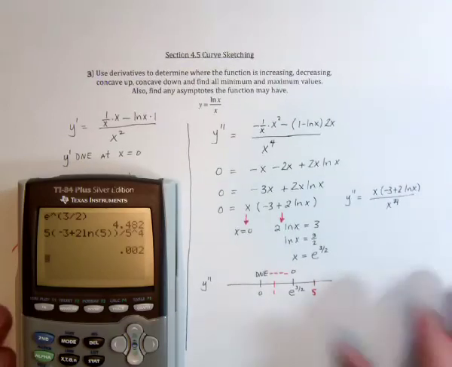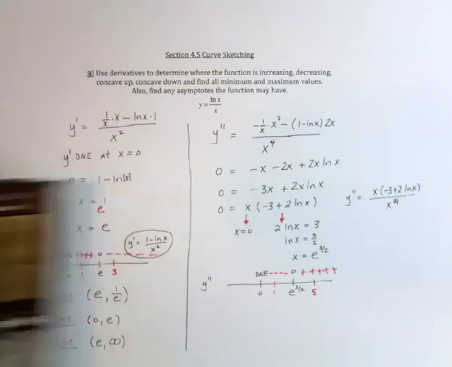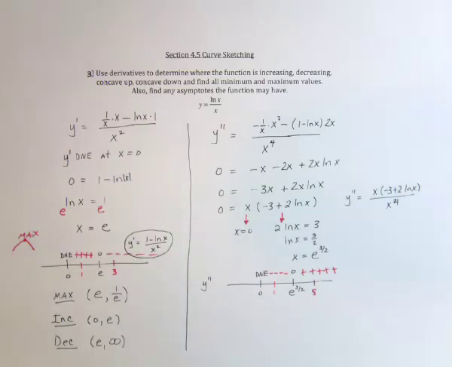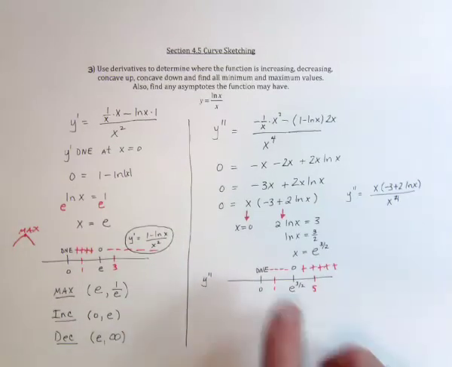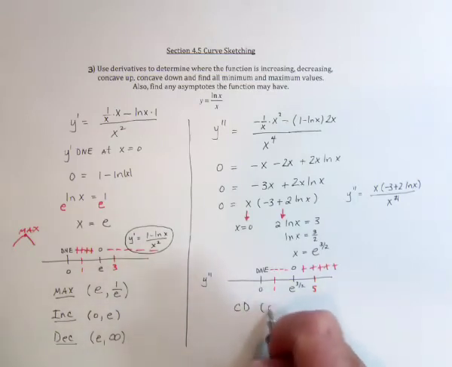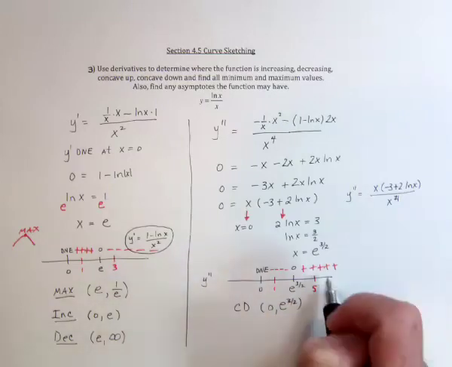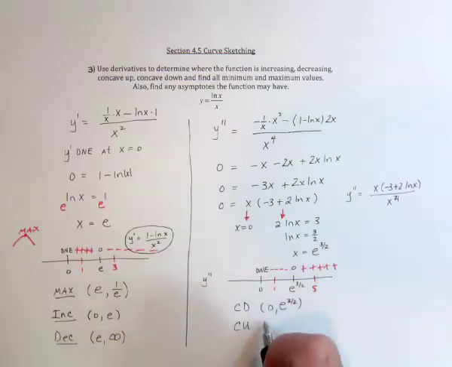It turns out to be positive. So this is concave down, and over here would be concave up. So from e to the 3 over 2 to infinity.